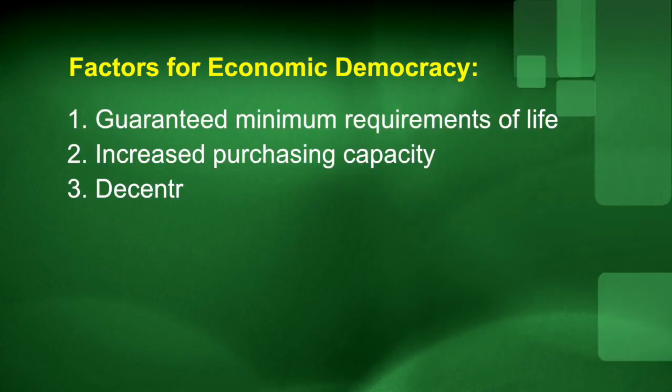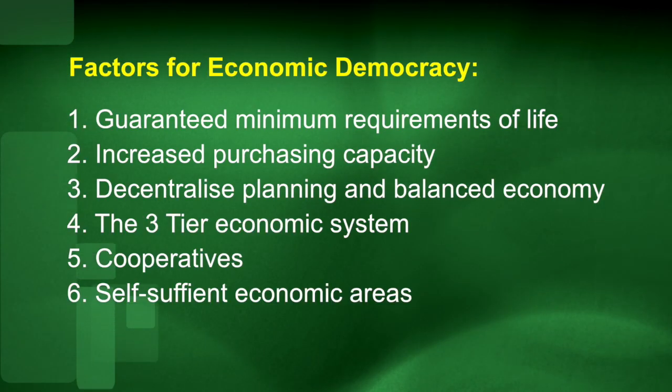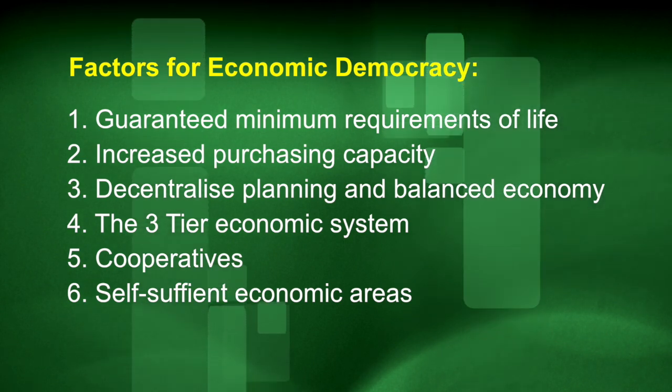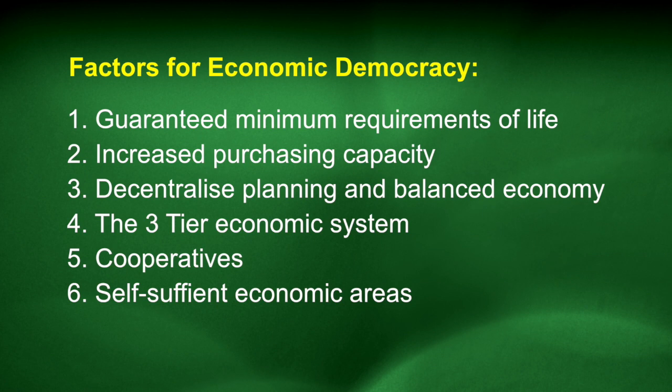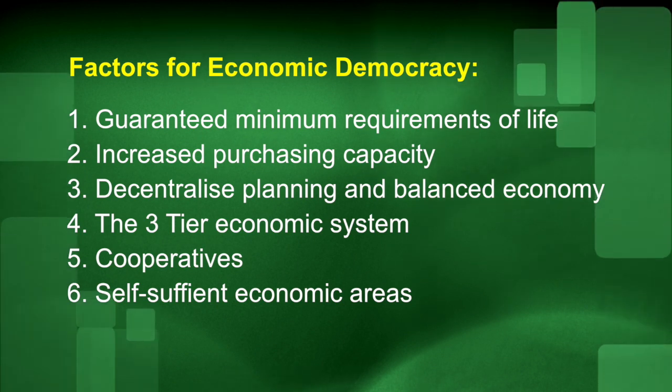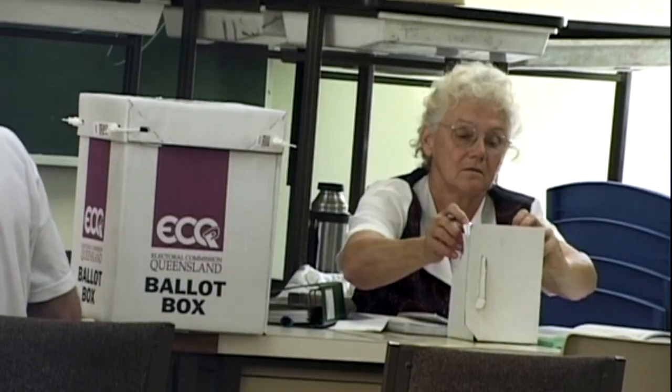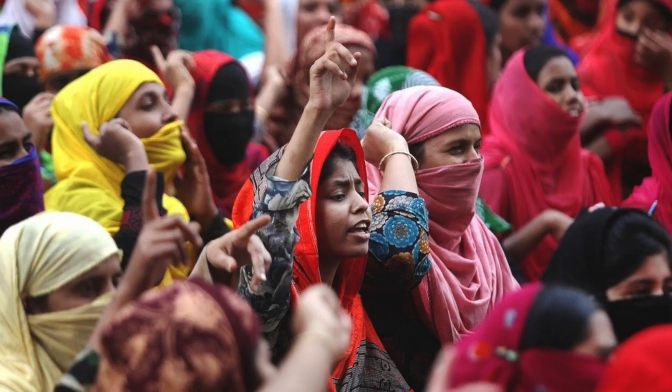All of the 6 aspects of Proutist economics previously mentioned can be said to be components of an economic democracy. Economic democracy exists where the local people have control over their economic destiny. Political democracy has given people the right to vote for political leadership, but has failed to give them a real voice in the economic decisions that affect their lives.